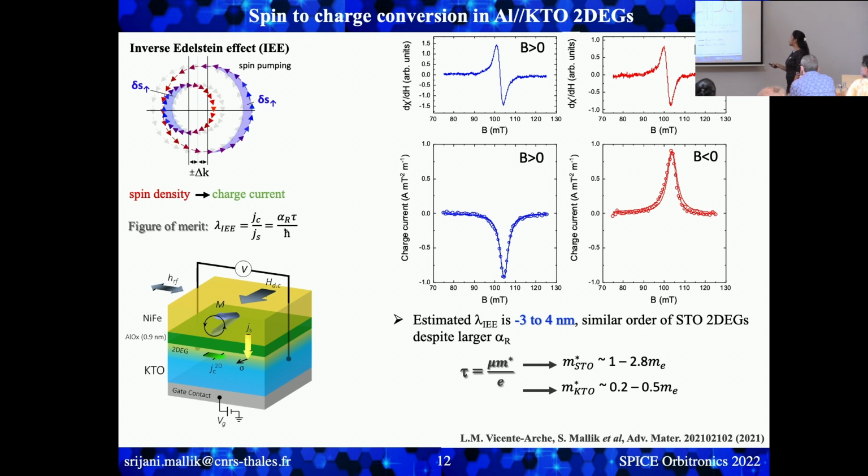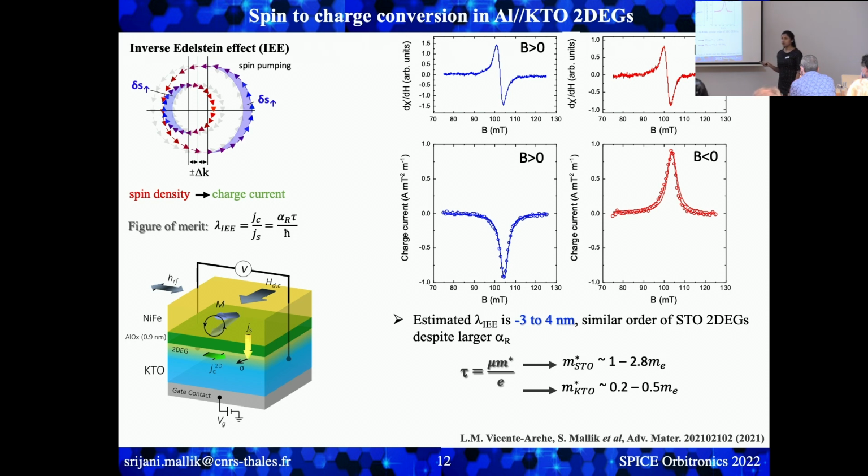And in case of STO, the effective mass of electrons is 5 to 6 times larger than the effective mass of electrons in KTO. So basically, although we gained 6 times in alpha, finally we lost a similar amount in case of the tau. Now we cannot, of course, improve the effective mass because this is the property of the KTO.